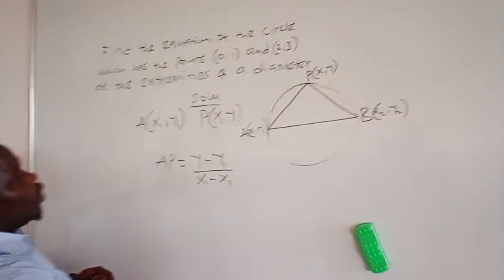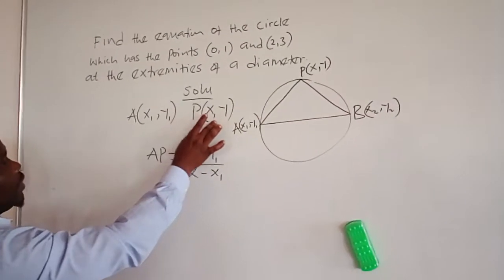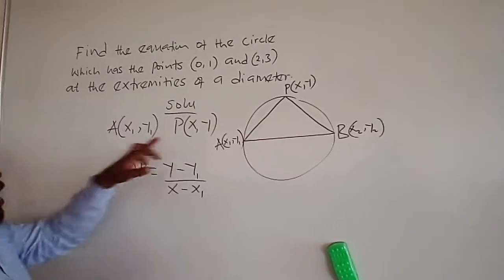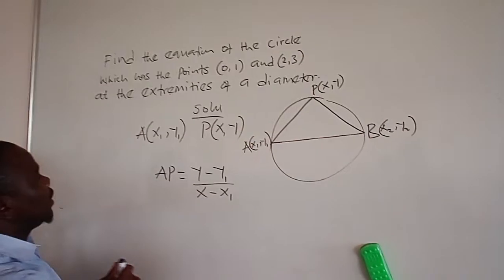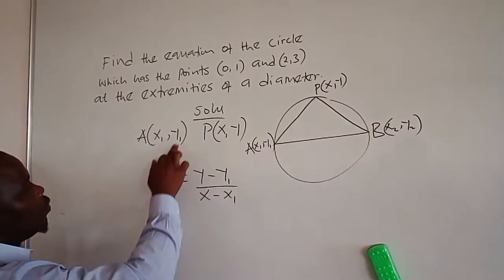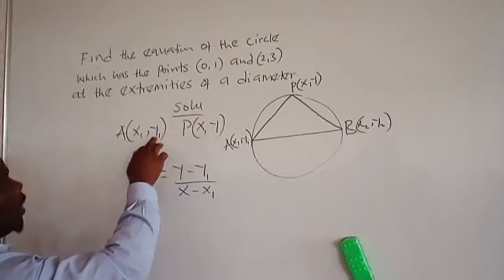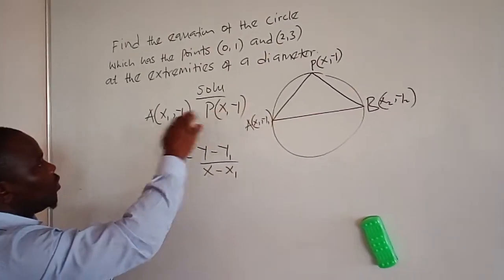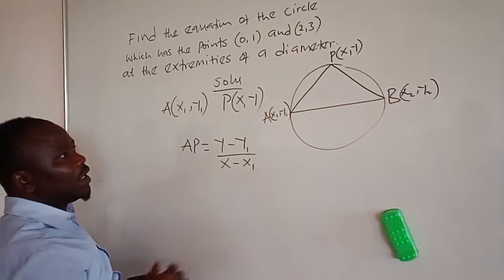So the slope of A and P will be y minus y1, all over x minus x1.